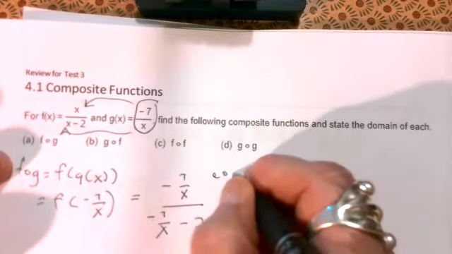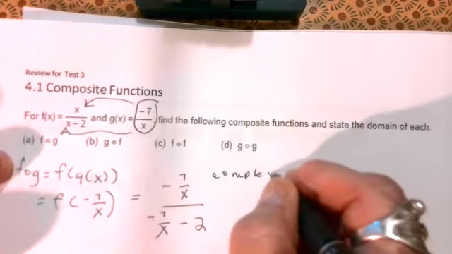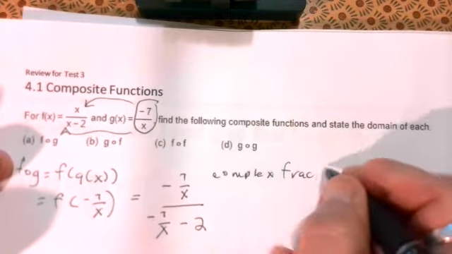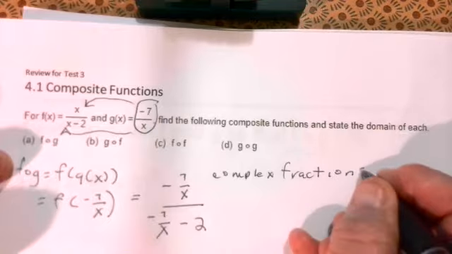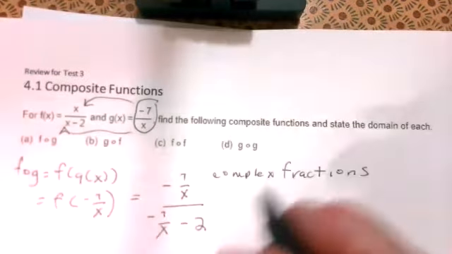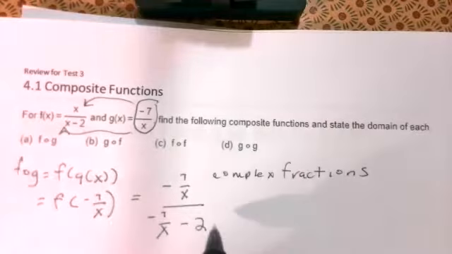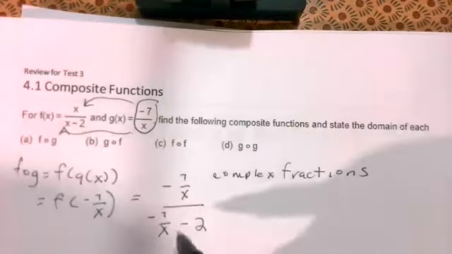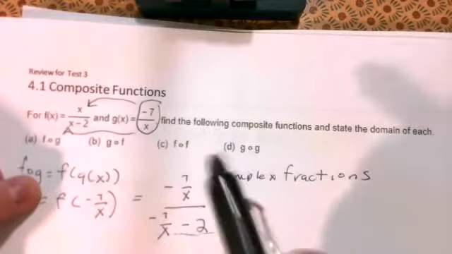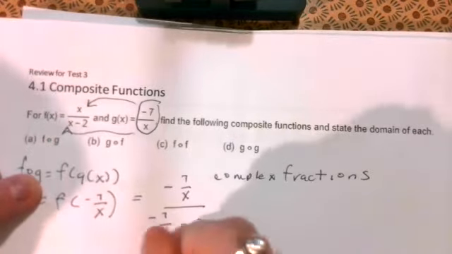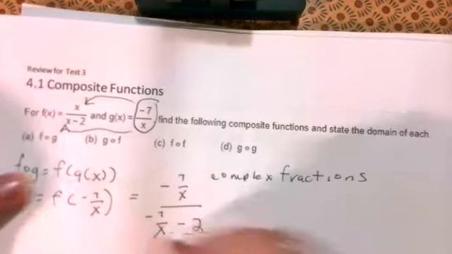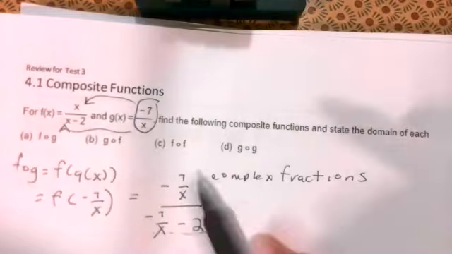Now, this is what's called a complex fraction. And we run into these a lot in math. So if you're going to go on and take calculus, you'll run into these again. But there's more than one way to simplify it. One way is to just get a common denominator down here and have one term in the denominator. And then you can actually change it to multiplication by the reciprocal of this.